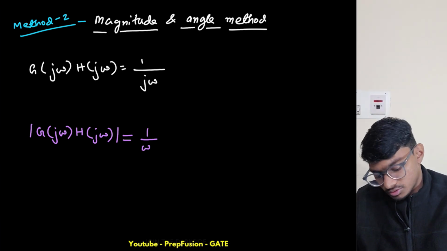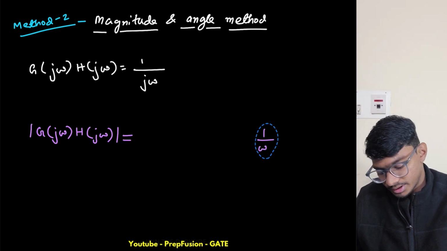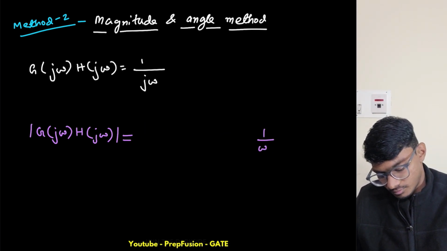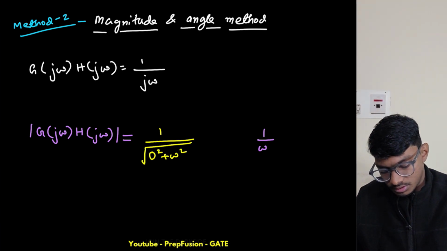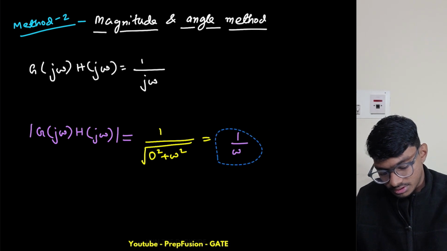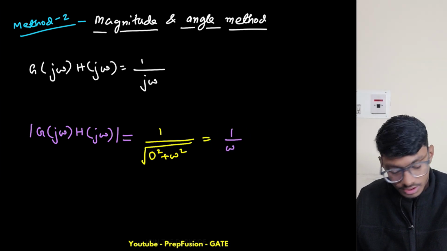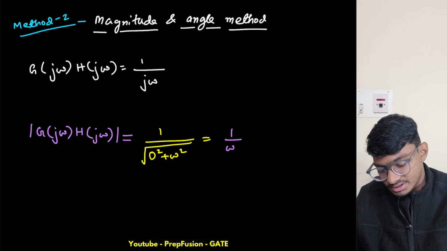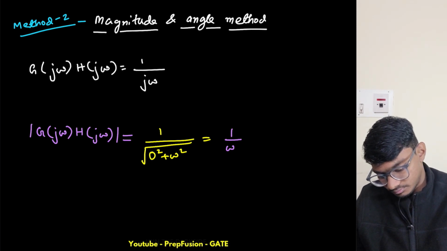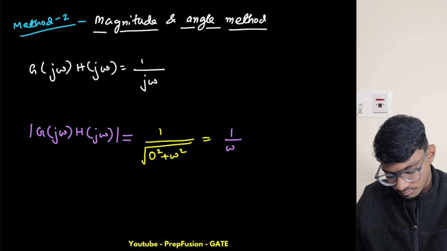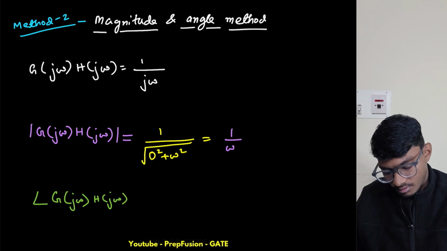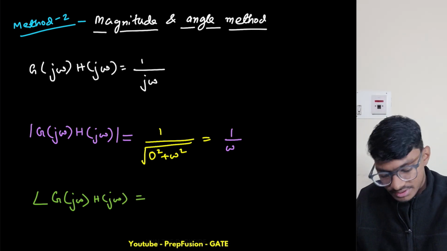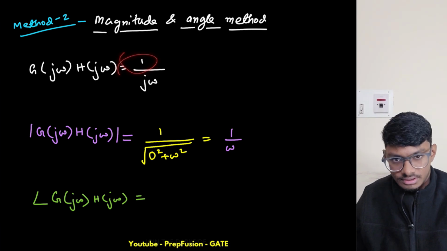You can also understand it here: my real component is 0, so 0 square plus omega square, which equals 1 by omega itself. Now what is my angle basically? In the numerator I have only 1.